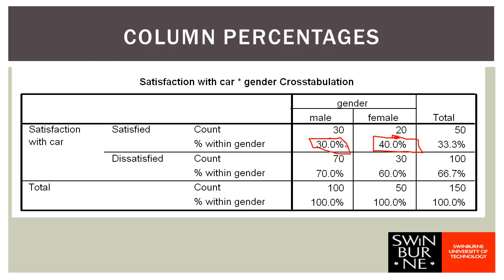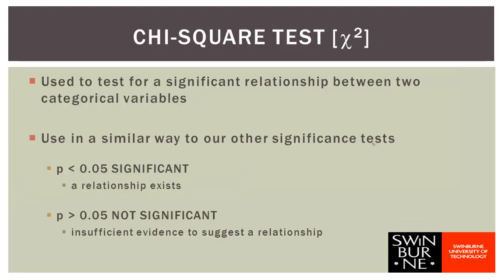Because it's all very well to say this is 30% and this is 40%, but just like with all our other tests, we need to be able to test whether what we're seeing in the sample is actually going to translate into a difference in the population, or an expected difference in the population. So we use the chi-squared test.